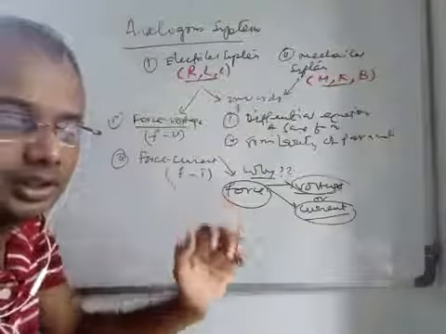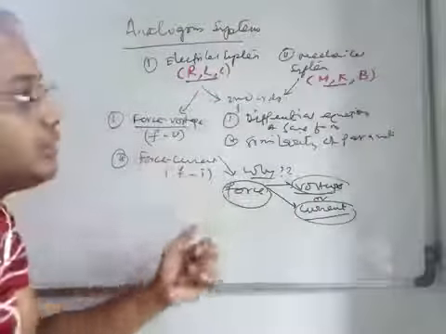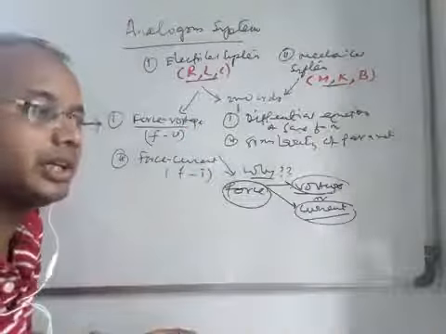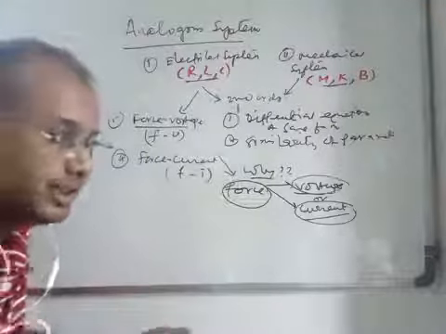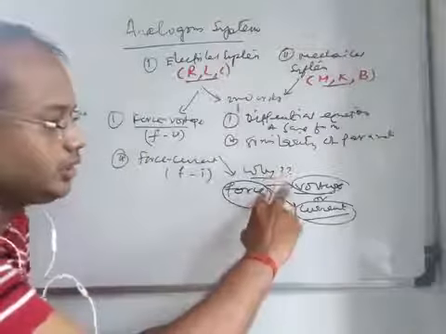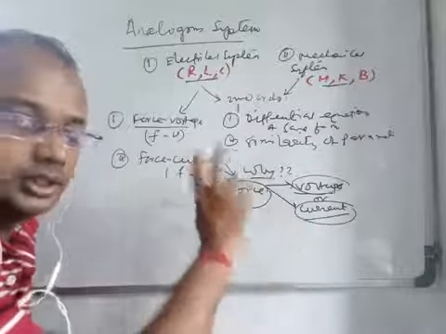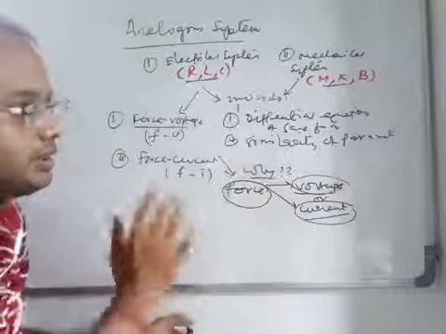So let me find out the relations between the two sets of variables in the electrical network and mechanical network. Then you can see why it is called the force voltage and why it is called the force current analogy, right? So let me discuss that first.